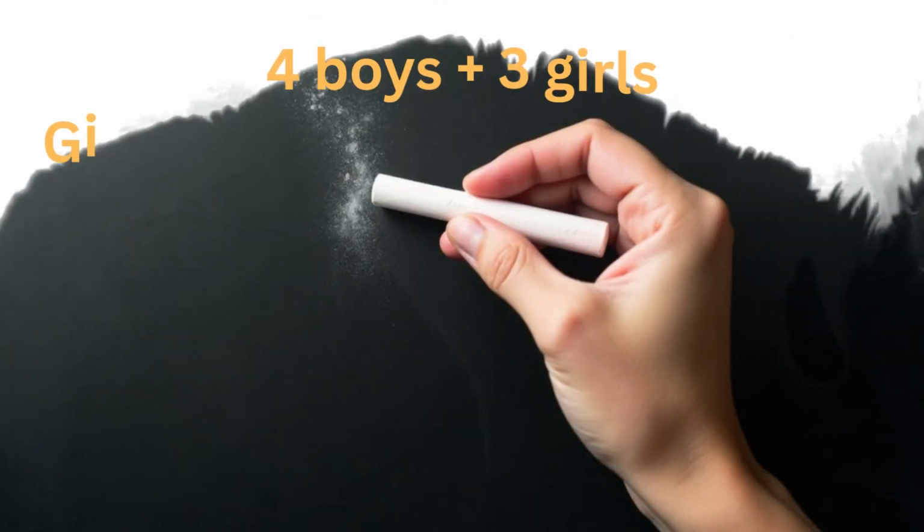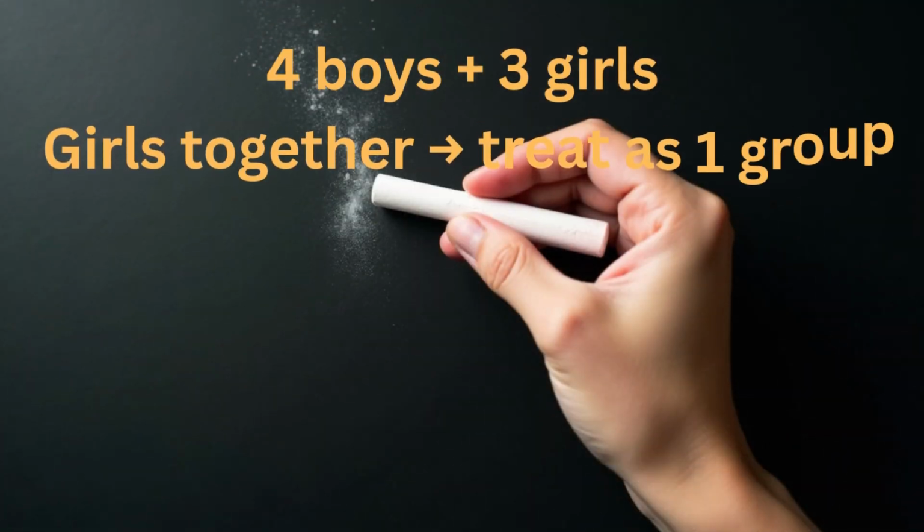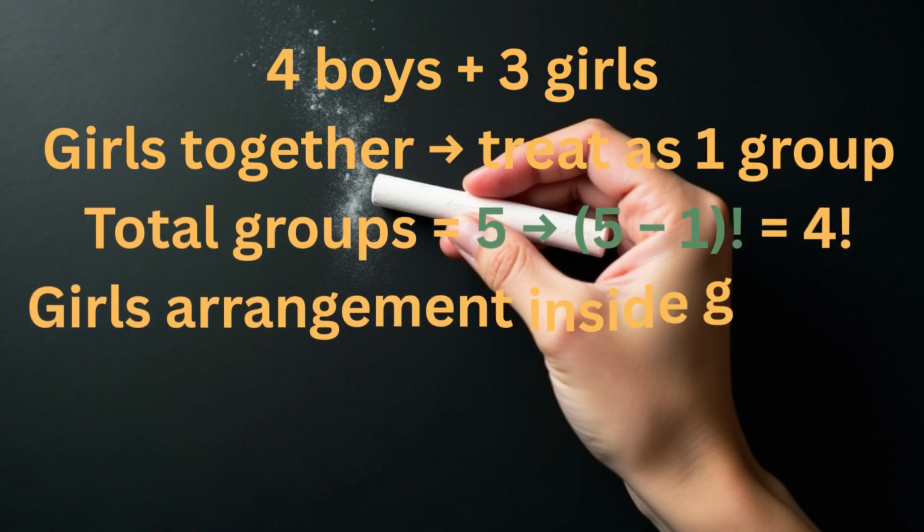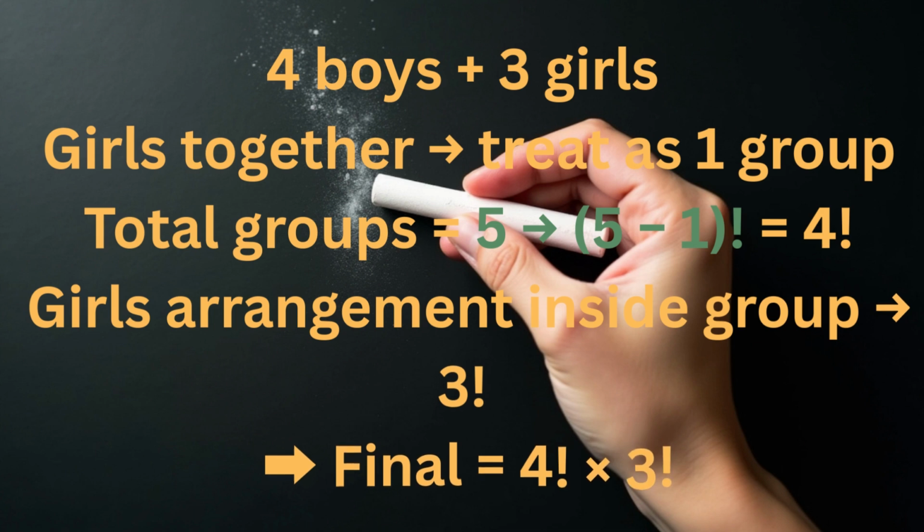Circular permutation with restriction. This becomes more interesting when there are conditions. Let's take an example. Four boys and three girls sit around a circular table, but all the girls must sit together. So we treat all three girls as one single group. Now total groups become 5.